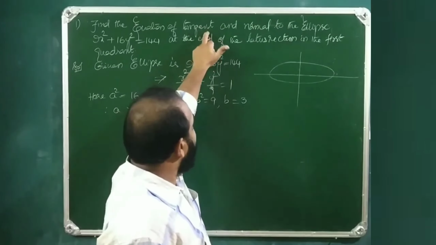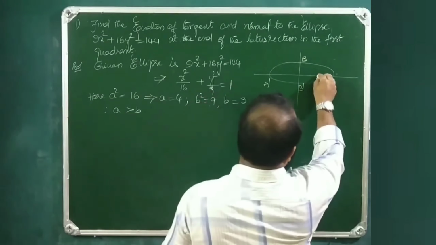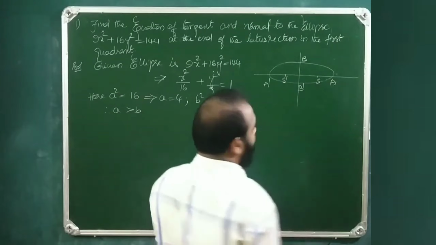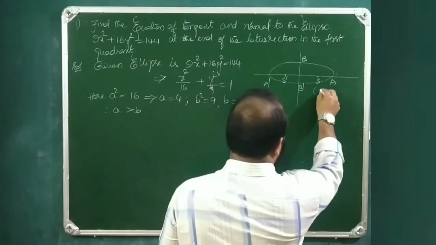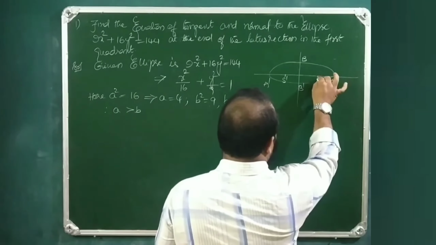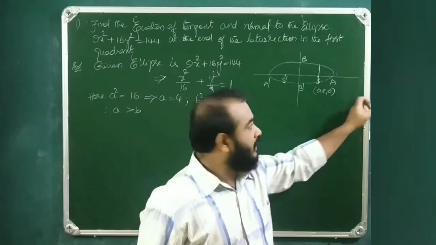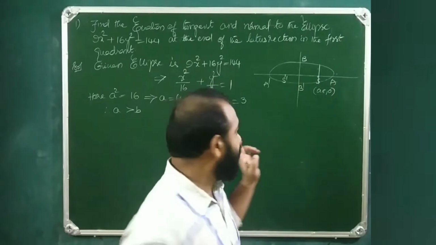So this is A dash, the length of the major axis, B and B dash the length of the minor axis. This is S dash, the foci of the ellipse, this is ae comma 0. So this is the latus rectum. The latus rectum is a chord which is perpendicular to the major axis and passing through the focus.